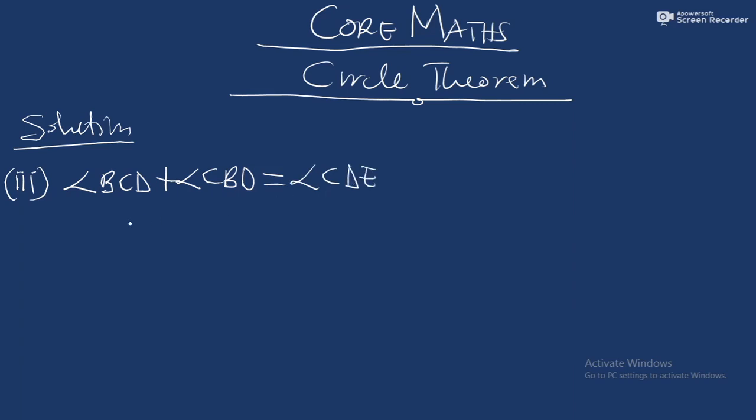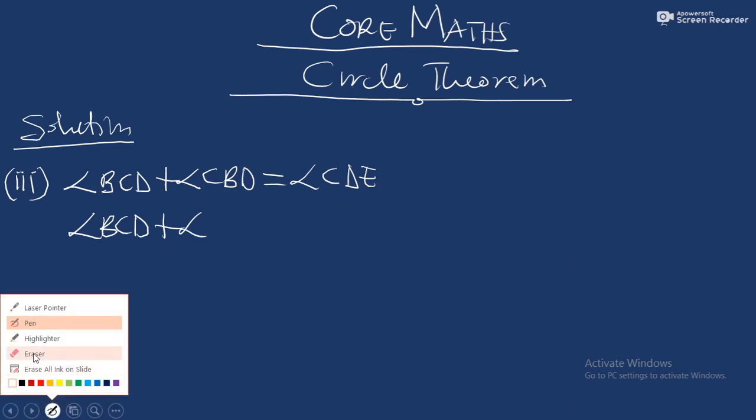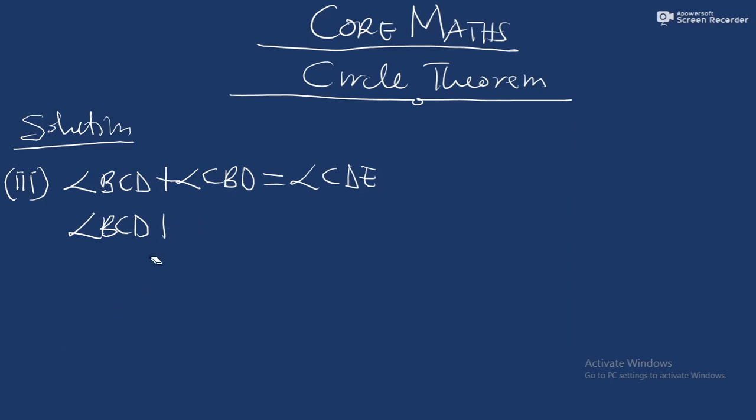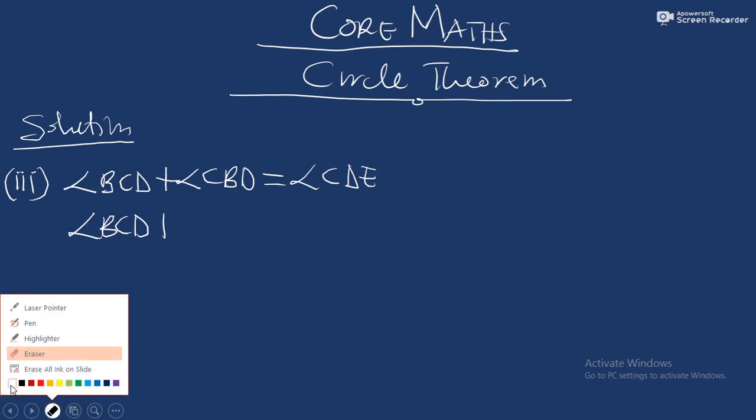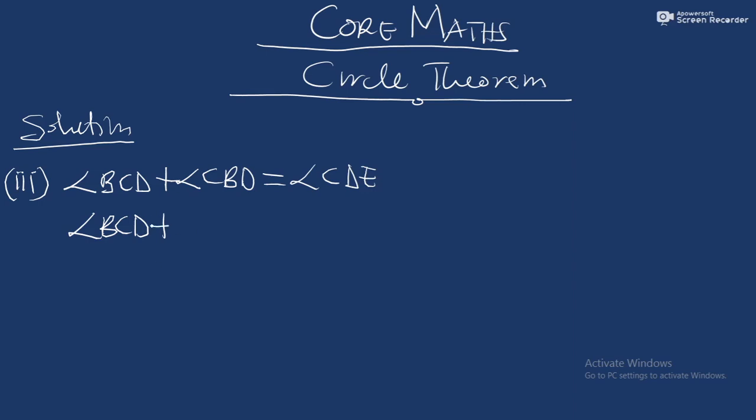Okay, so substituting, we have angle BCD plus angle CBD, which was given as 52 degrees, equal to angle CDE, which we just solved to be 92 degrees.